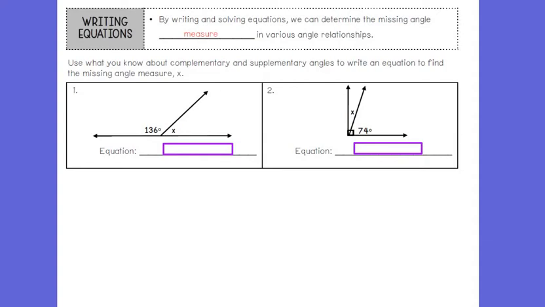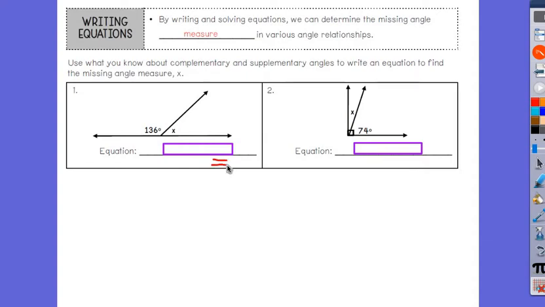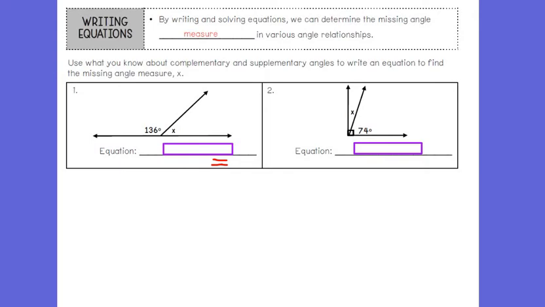So number 1 has a blank line, and what word is by that blank line? Equation. Do they want an answer? No, they want an equation. So what should I include for an equation? An equal sign. Well, I learned several new definitions. One of those definitions is mimicking this example.